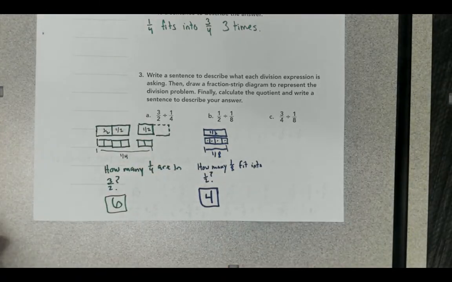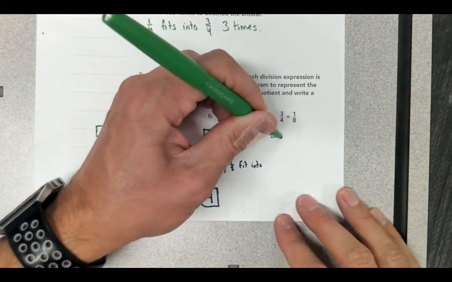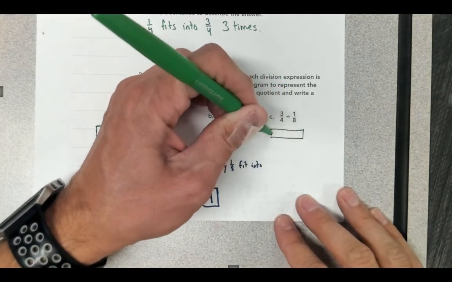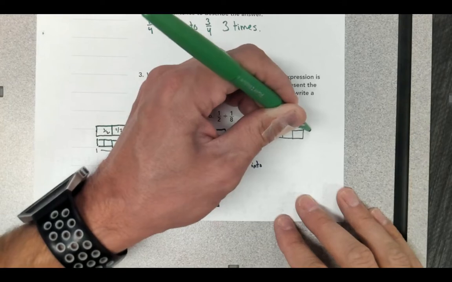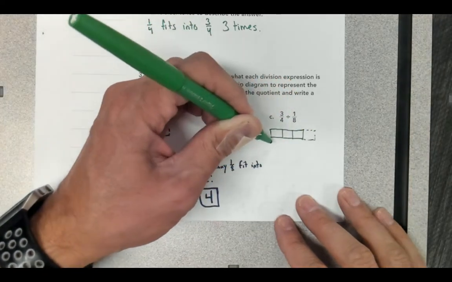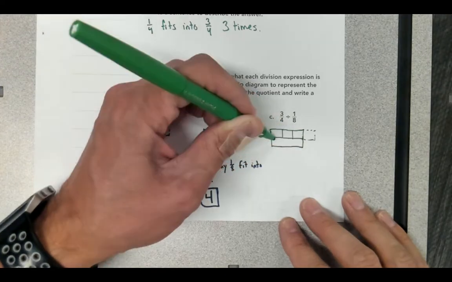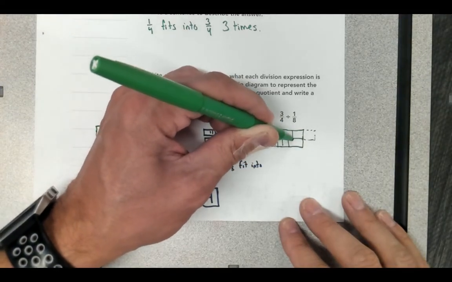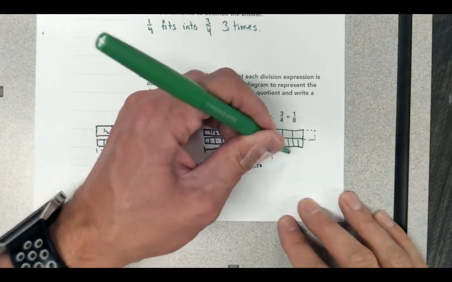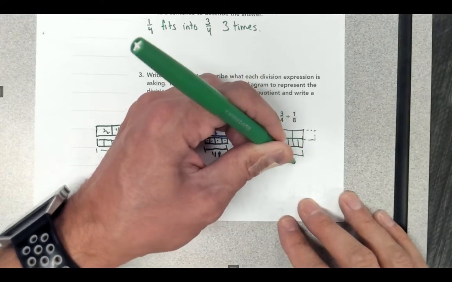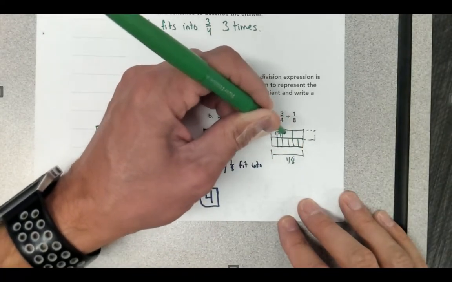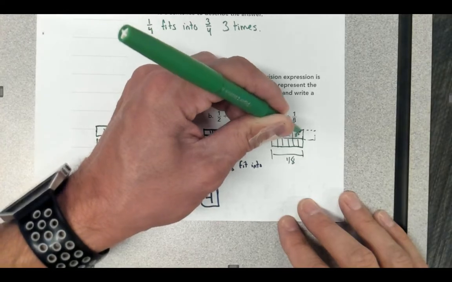And then last but not least, I have 3/4. And then I have 1/8. And this is my 1/8. This is my fourths, 1/4, 1/4, 1/4.